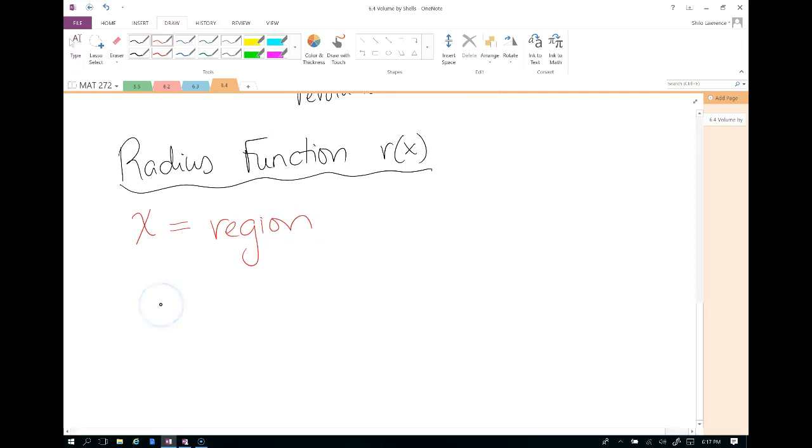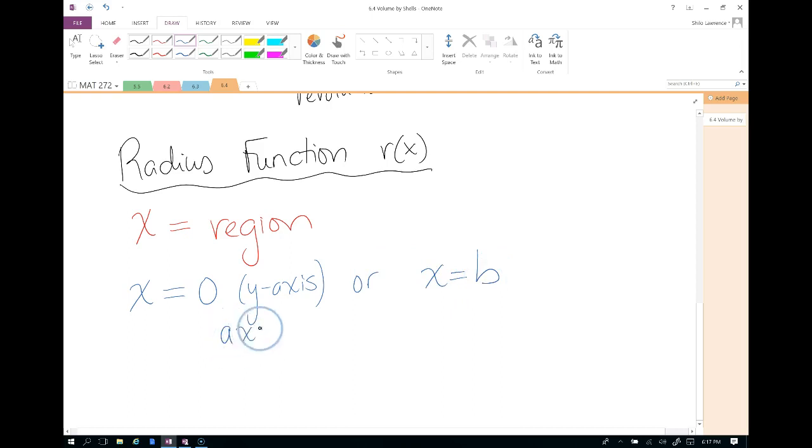The other thing that we need to know when we figure out our radius function is what our axis of revolution is. So if it's the y-axis, it could equal x equals 0. Or we could have x equals some other number.